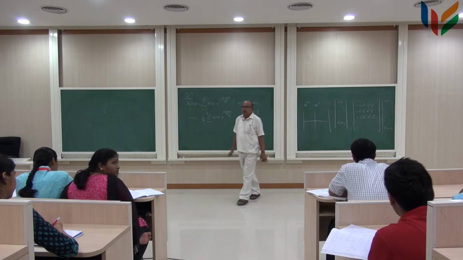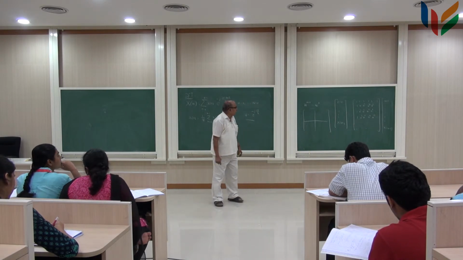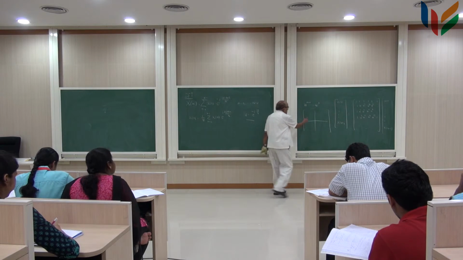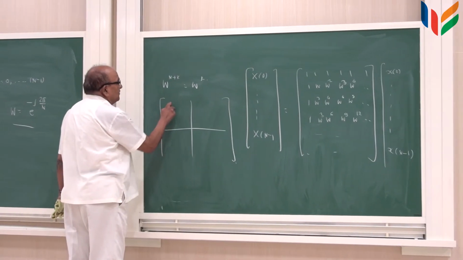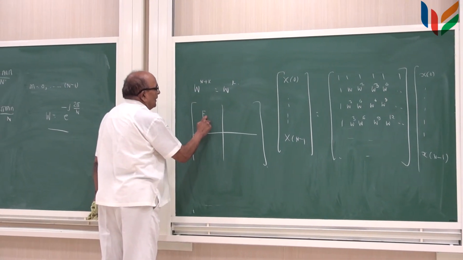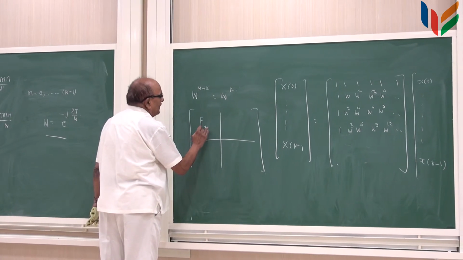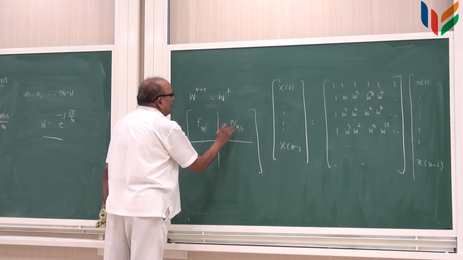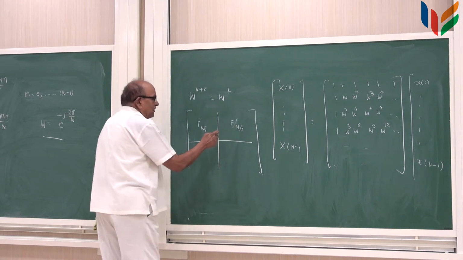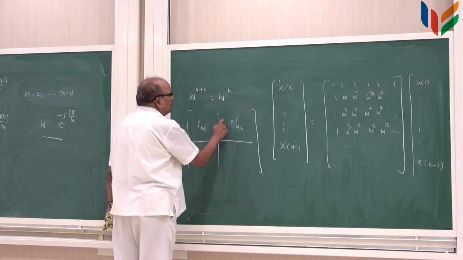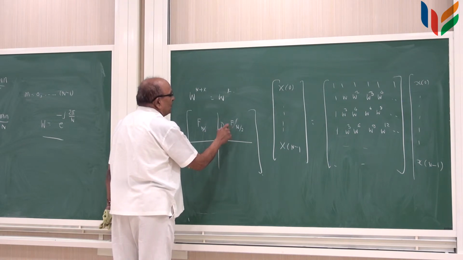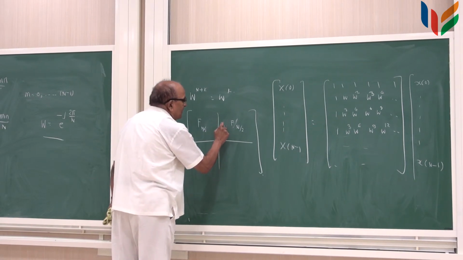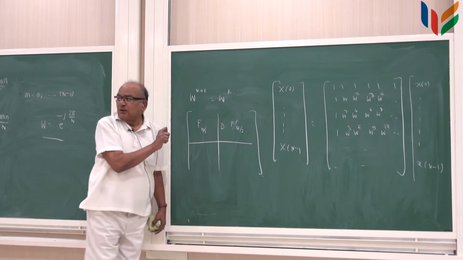So, this one is broken down into 4 parts, where this is equal to some F of N by 2, of size N by 2, multiplied by some matrix here, which is representable as equal to D, a diagonal matrix, into another matrix.